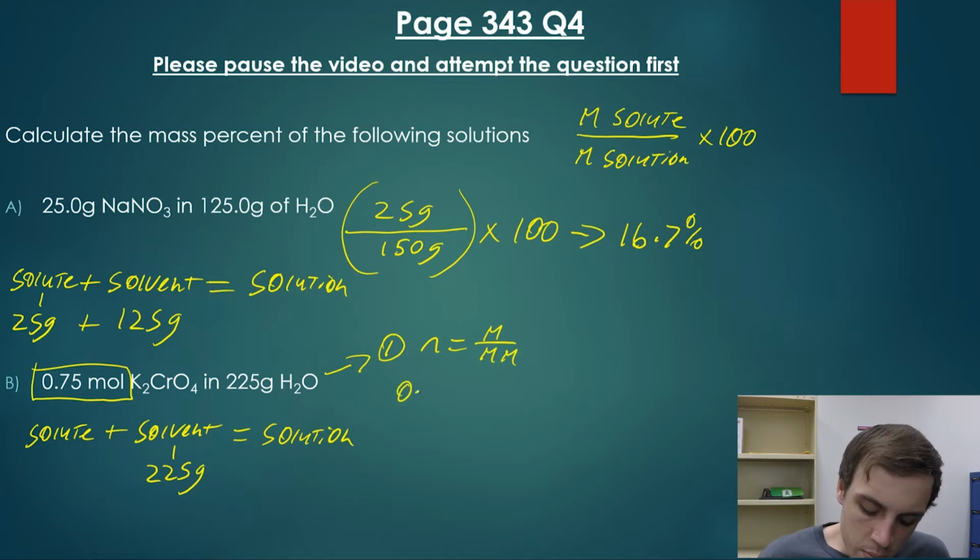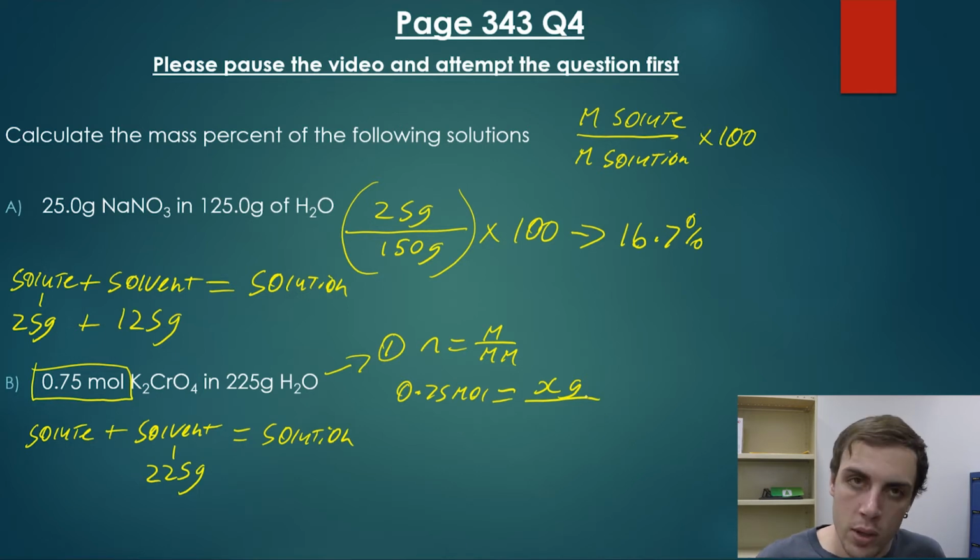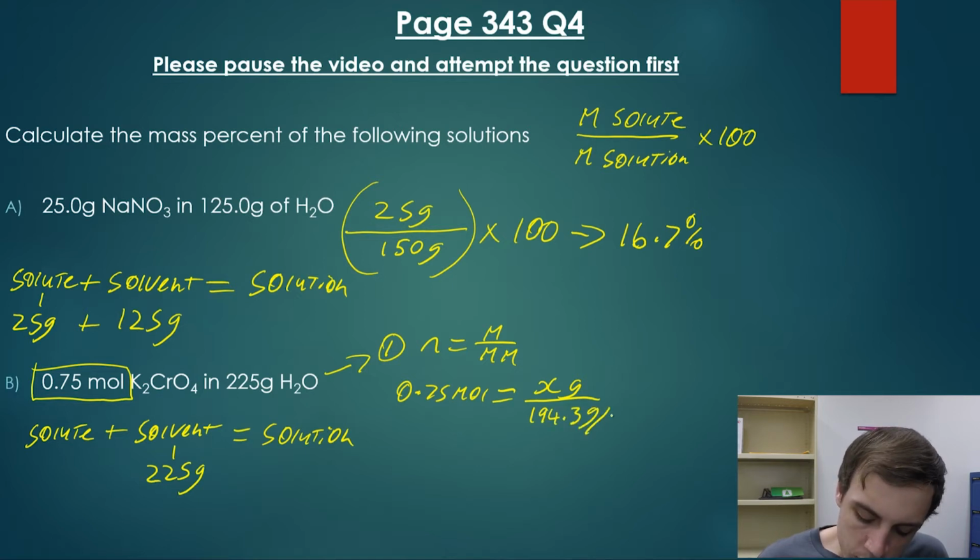So 0.75 moles is equal to the mass, which we don't know, divided by the molar mass, which is 194.3 grams per mole. So we rearrange this formula. It's going to be 194.3 times 0.75, which means that the total mass will equal 145.65 grams of potassium chromate.